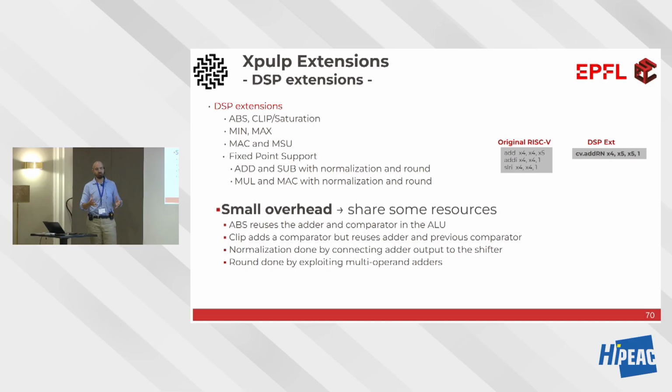You want to share resources. So this is what you will find in the RTL description of the core. Maybe it's less readable, but then you say, okay, the shifter used by the add and shift instruction, of course, it's the same shifter that you use for shifting, right? You're not using them at the same time. So you are sharing the resources.